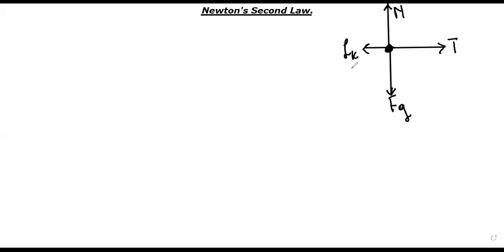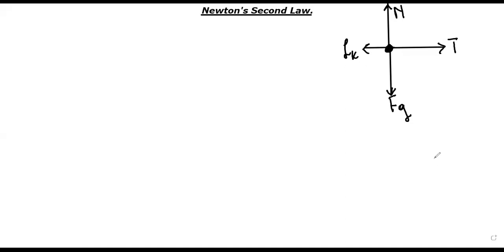So it's going to go to the left. This is your free body diagram. And the tension has to be greater than the kinetic frictional force. Why? Because the block is accelerating to the right. It means the tension is greater than the frictional force.